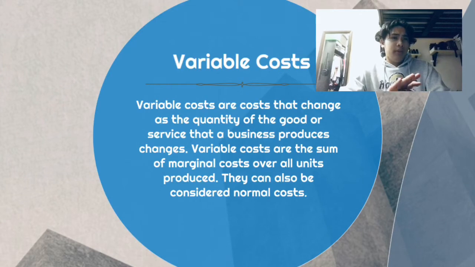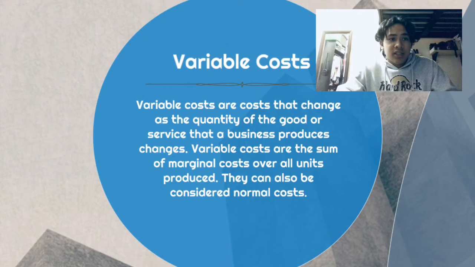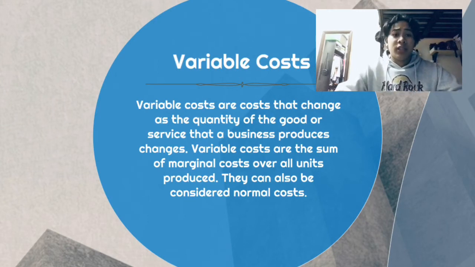Moving on is variable costs. Variable costs are costs that change as the quantity of goods or services that a business produces changes. Variable costs are the sum of marginal costs over all units produced. They can also be considered normal costs. For variable costs, the best example I can give you is electricity.